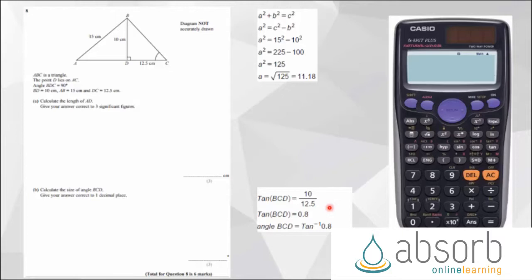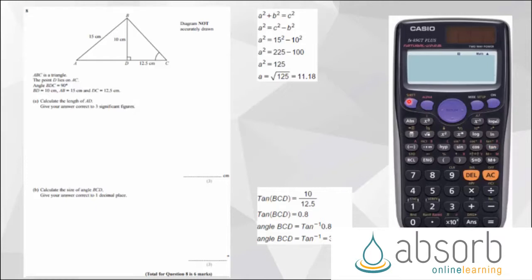We then use the calculator to find the inverse of this. To get the inverse trig functions, you've got to use the shift button, and in this case it's going to be shift tan that you use. Notice that you've got tan to the minus 1 in a kind of orangey colour above the button.